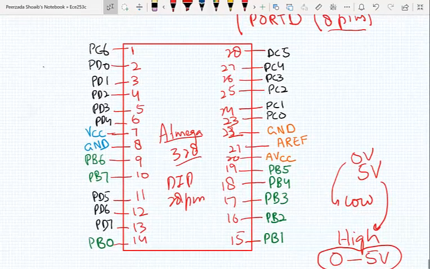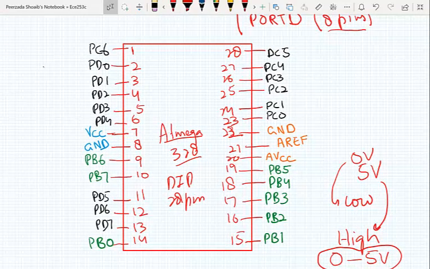And where is the ADC connected? You must remember that some of these input output pins, in fact all of them, have more than one function, have dual functions, and in some cases more than 2 functions. For example, this PC6 is also used as the reset pin.